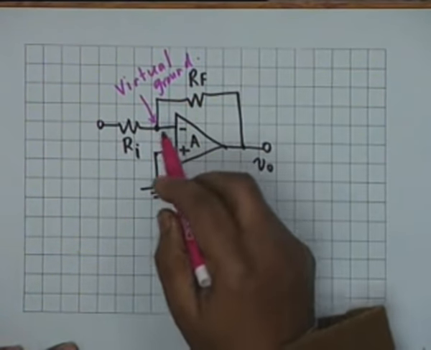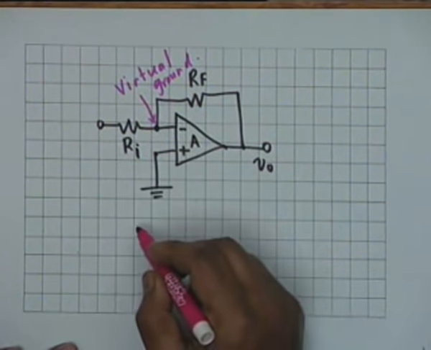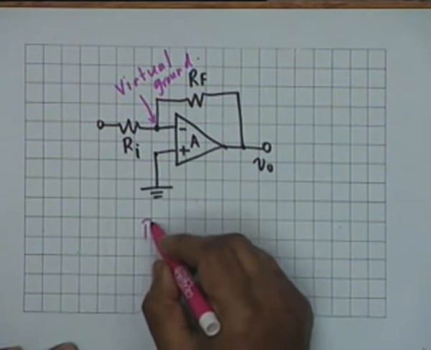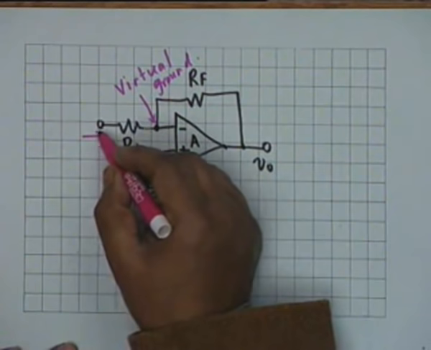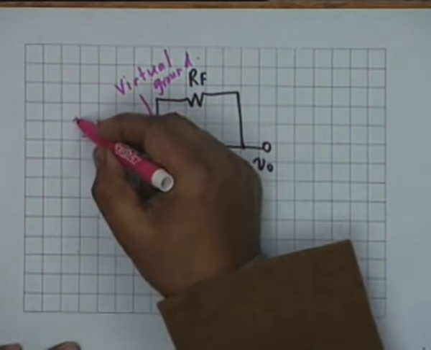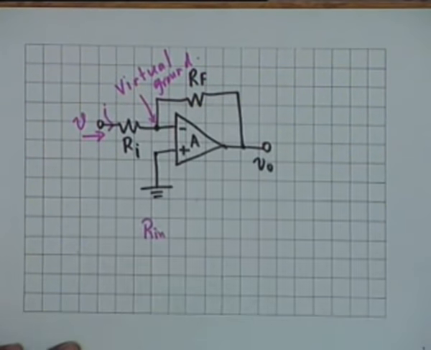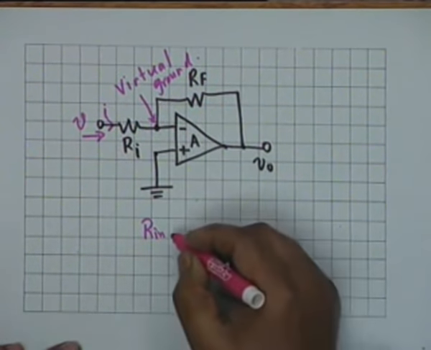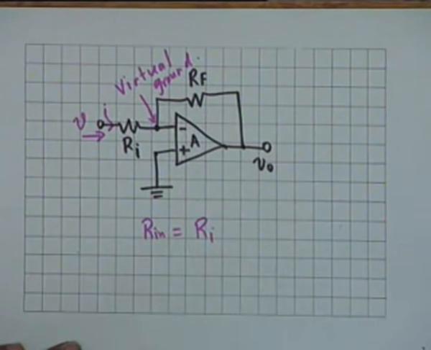Now, if this is a virtual ground, then obviously the input resistance Rin looking from here, which is the ratio of the voltage applied here to the current that goes in, is obviously equal to Ri.